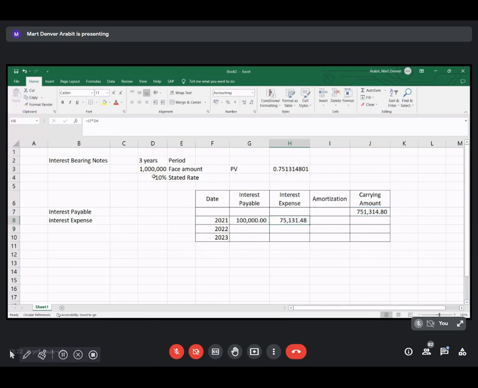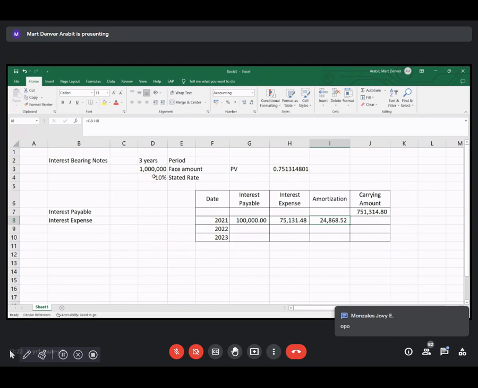So, our amortization would be interest payable less this one. Right? Are you following? Hello? Yes po, sir.